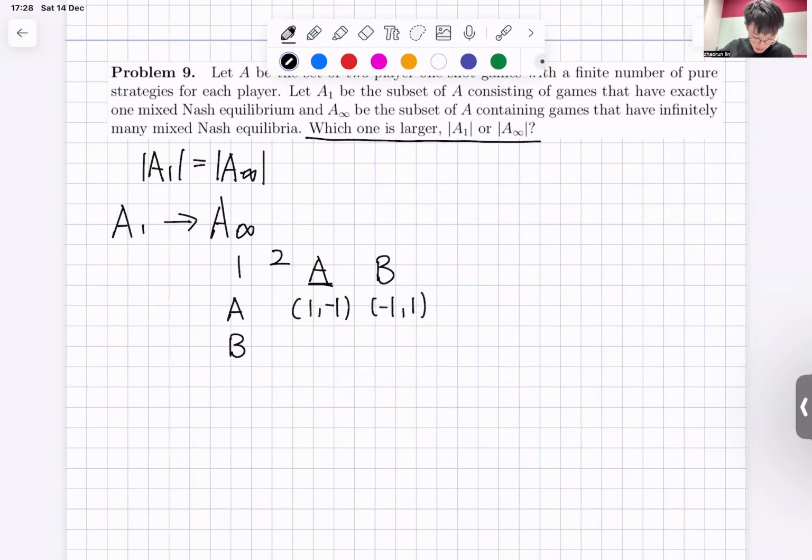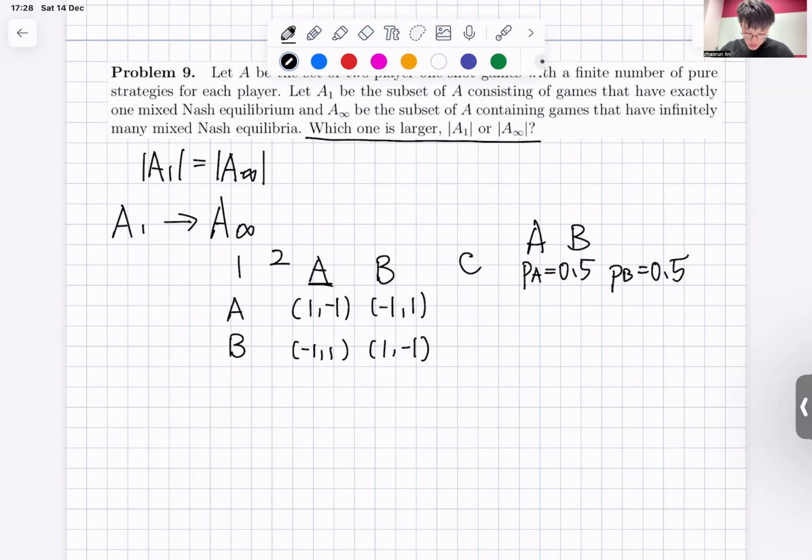So this is from the lecture. And you have learned from the lecture that the mixed Nash equilibrium is that they give A and B with equal probability, so PA equals 0.5, PB equals 0.5.